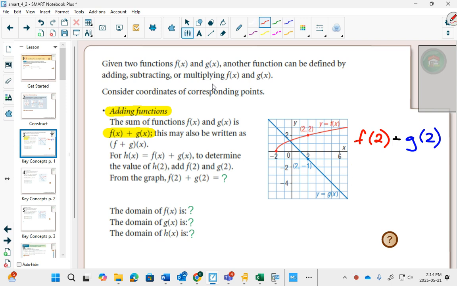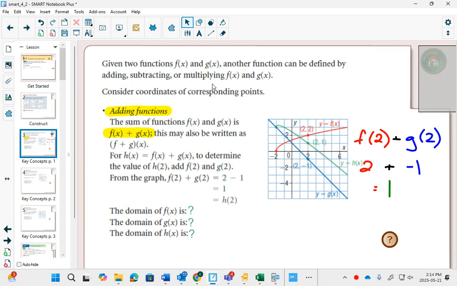You'd be like, oh, I know that f of 2 is 2. And that g of 2 is minus 1. So if I did just adding my y values, 2 plus minus 1, I would get as a final answer in green 1. And sure enough, if we graph these things together, that's where that point is.